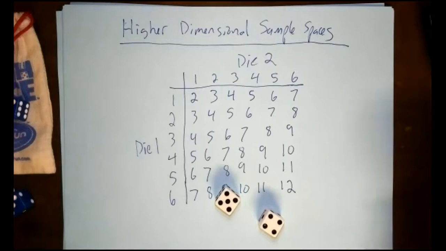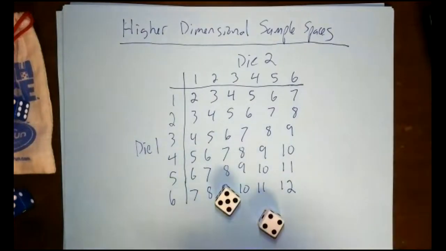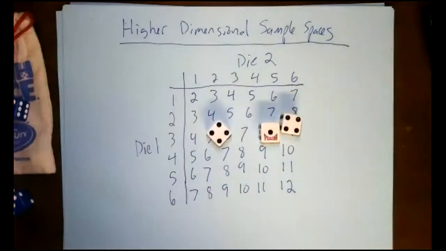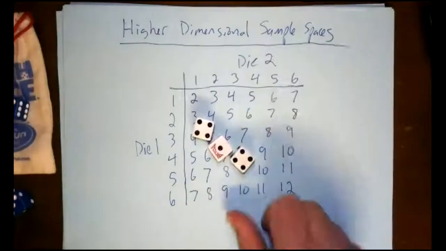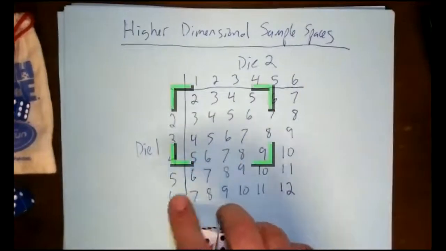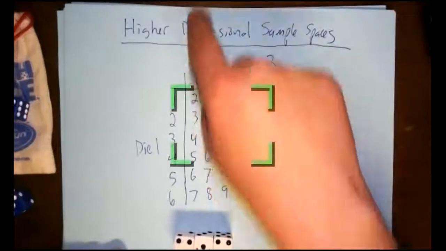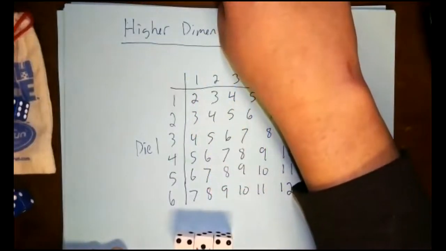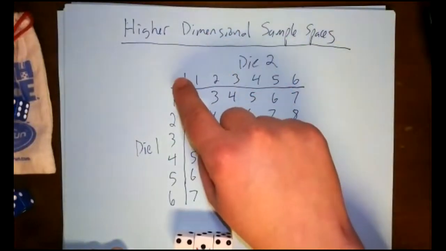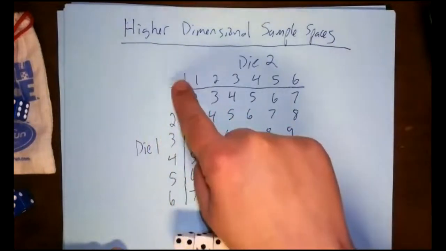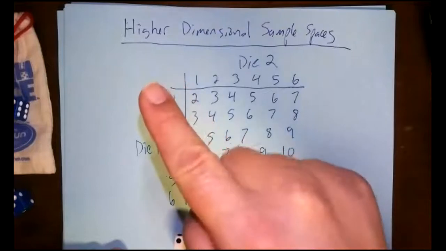So now if I rolled 3 dice and I wanted to list out the sample space, do you see what you would have to do? You would need an axis coming out of the paper and rising up, having the numbers 1 through 6.